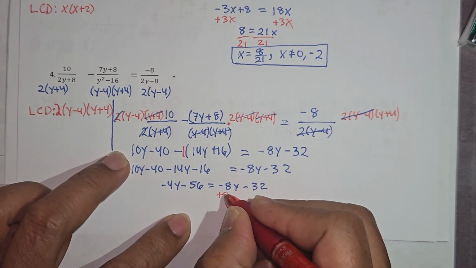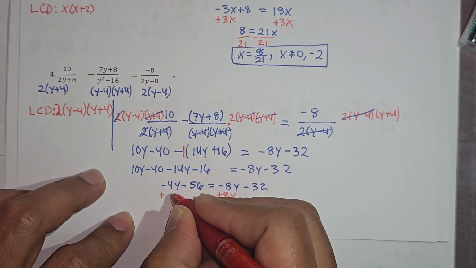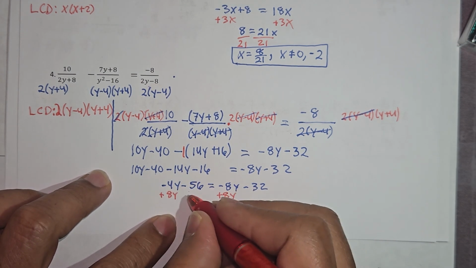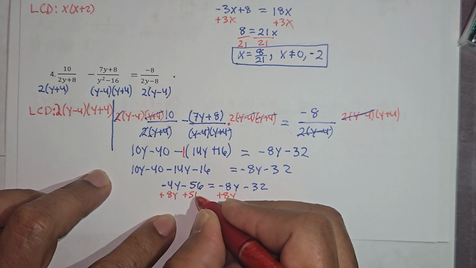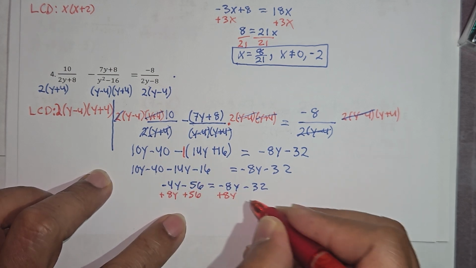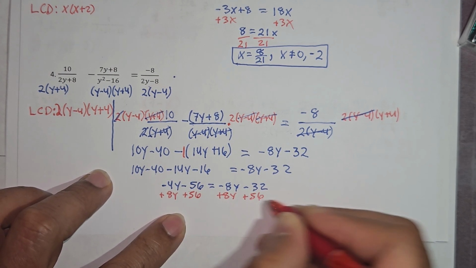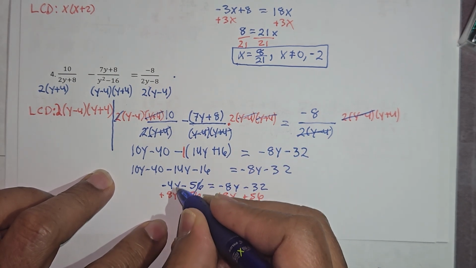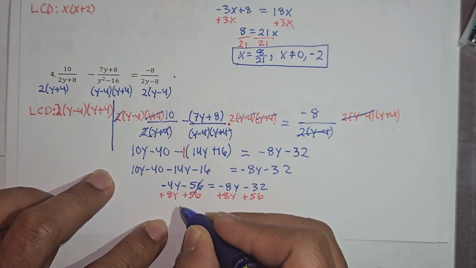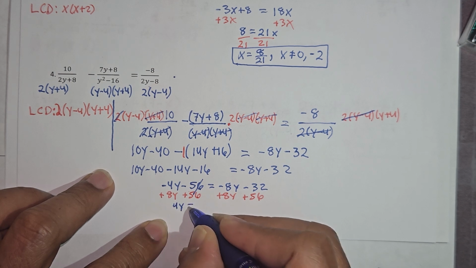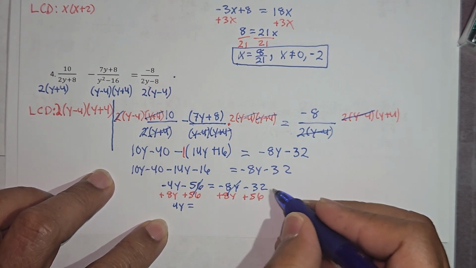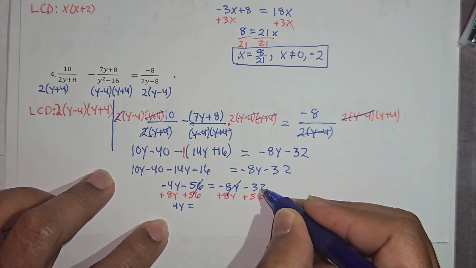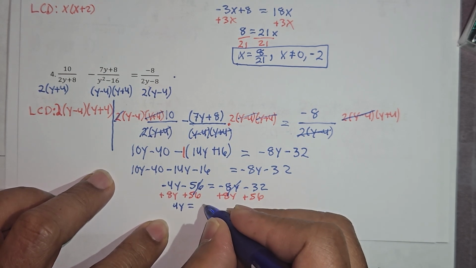I'm going to add 8y on this side and also to the negative 4y, and then I'm also going to add 56, so I have the variables on one side and the numbers on the other. So then no 56 on this side. We have negative 4y plus 8y, that's positive 4y. Equals, negative 32 plus 56, that's a positive 24.